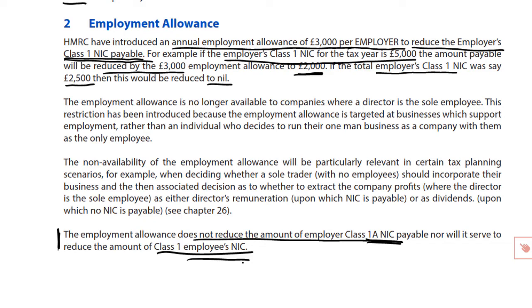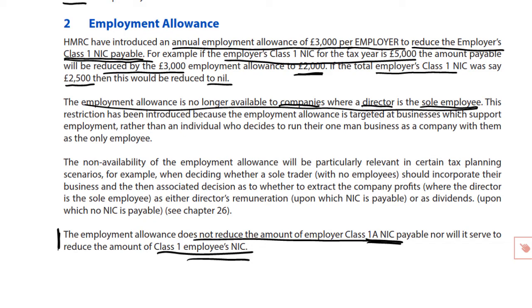A couple of other little things that you need to be aware of. The employment allowance doesn't now apply to companies where a director is the sole employee. Again, an individual may set up an owner-managed company where they are the only employee. They are the director of that company, they're the shareholder, they're the only employee of that company.